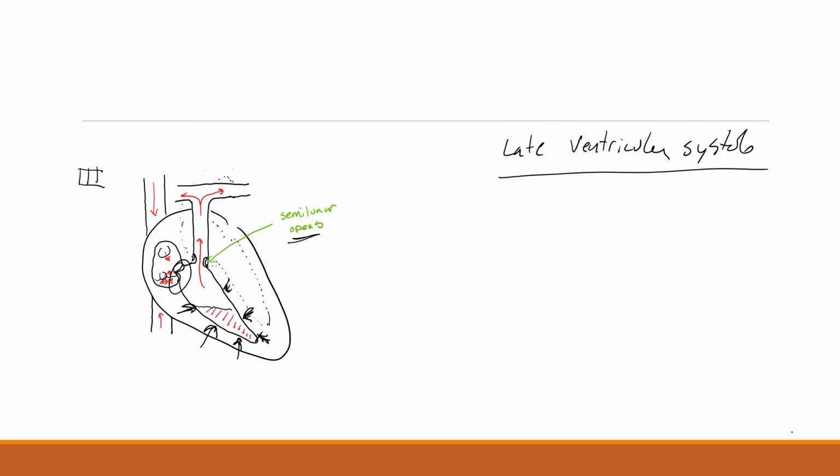Now in pulmonic circulation, the pressure we have to overcome is the pressure of the pulmonary circulation, which tends to be on the order of like 15 to 20 millimeters of mercury. And this is the pressure that needs to be generated by the right ventricle in order to open up that semilunar valve, because that's the amount of pressure that's keeping it shut. So it has to match that.